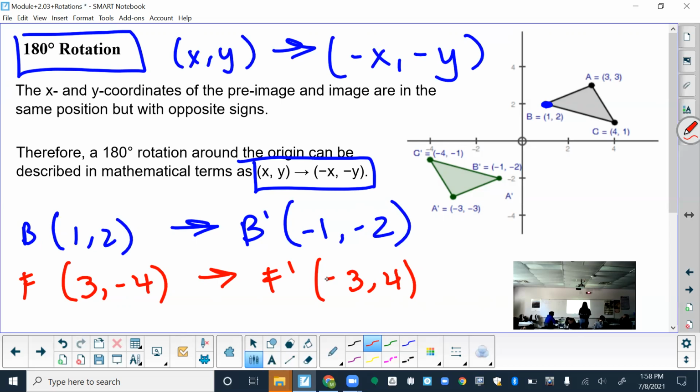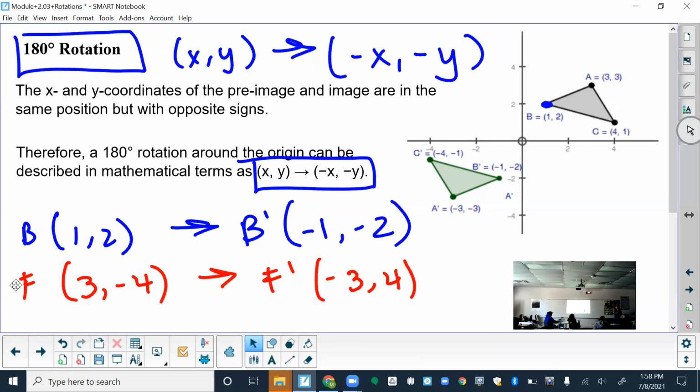Since this started out positive, the 3, it becomes negative. If it already starts out as negative, you flip it to positive. So don't get confused by these negatives. They don't have to be negative. It just depends on what you started with. All right, makes sense?